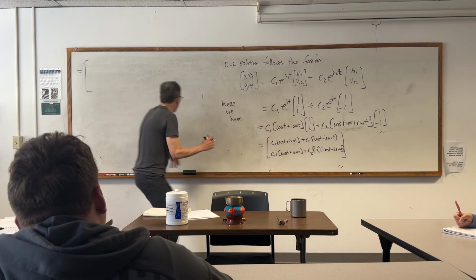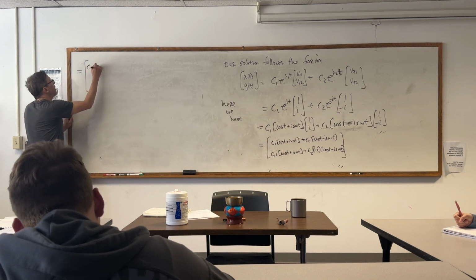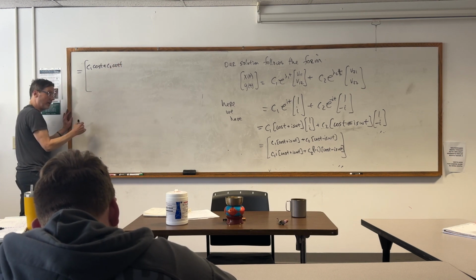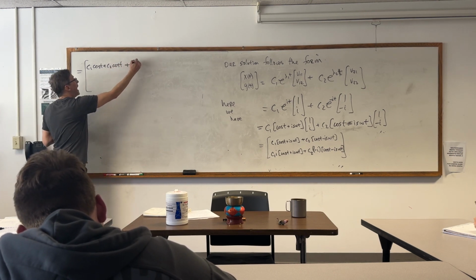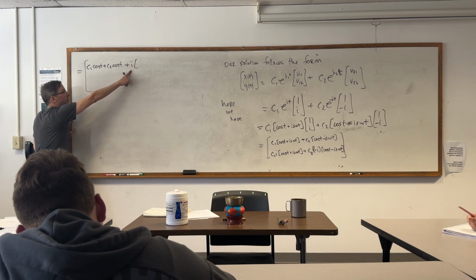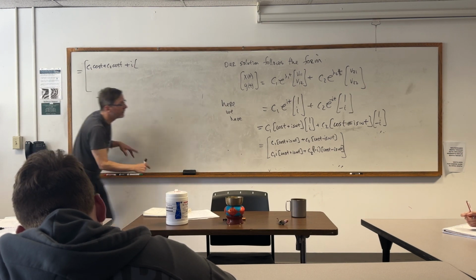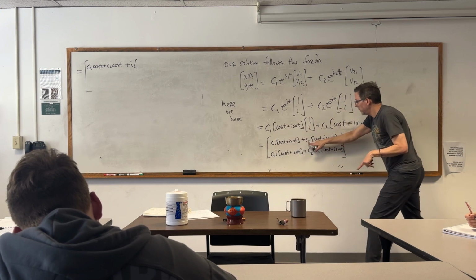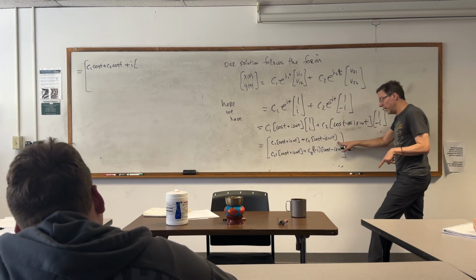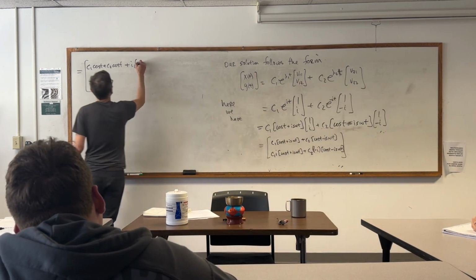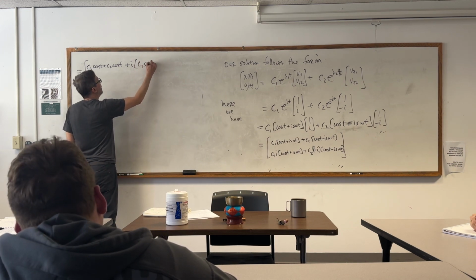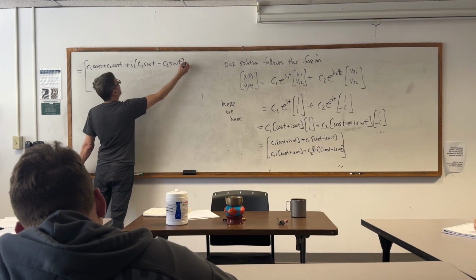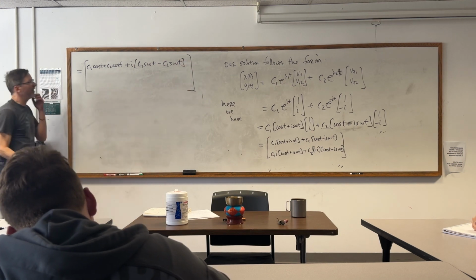That's the real part. And then I've got some i stuff, and I'm going to pull the i out in front. And what I'll have is C1 sine plus minus C2 sine. Like that. And then that's all part of a big vector.